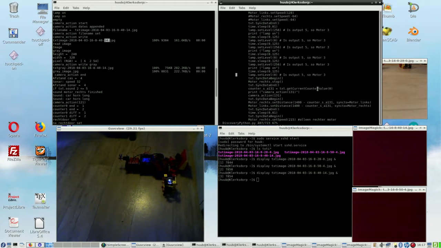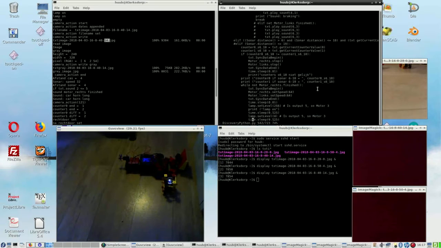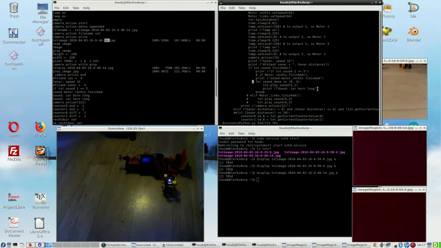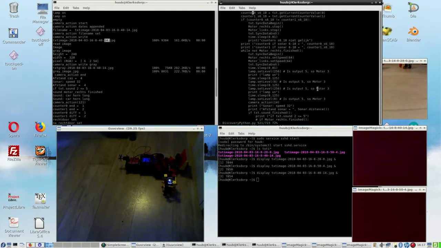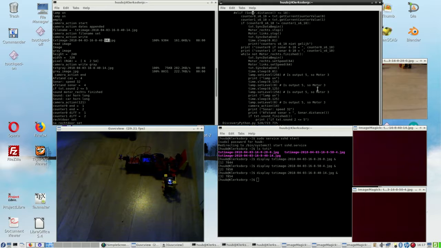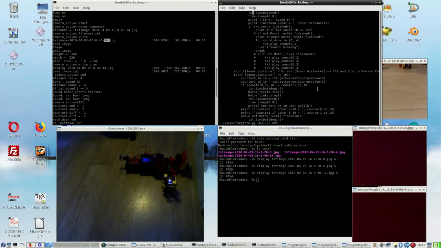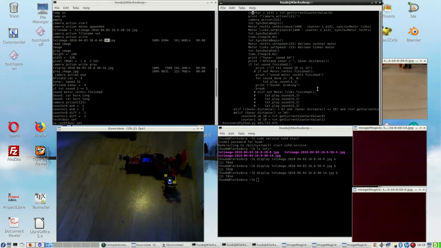Or am I? Well, here, yes, here I am. Because this is camera action 131, and I stop the motors and I start the motors again. But at camera 14, I do not. So it drives on while it takes a camera action.